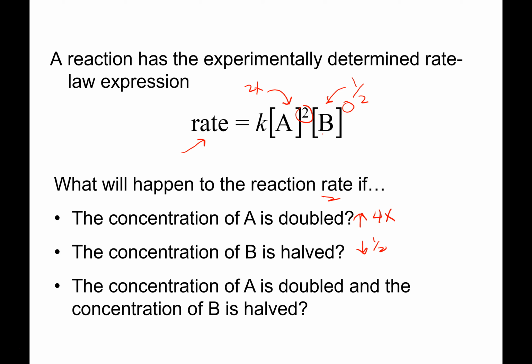It'll go up still, maybe like 2 times? Go up by a factor of 2. Yep. Just as a review, my thought process would be that if the concentration of A is doubled, that's 4 times, and then the other one makes it half, so it's just take half of 4.